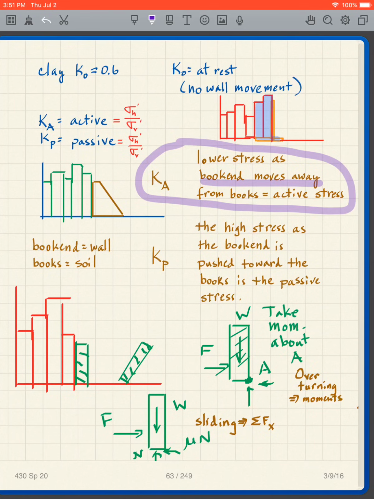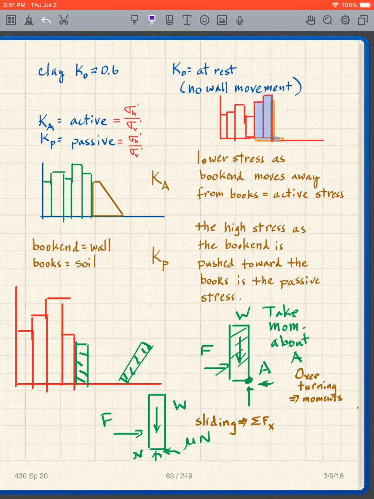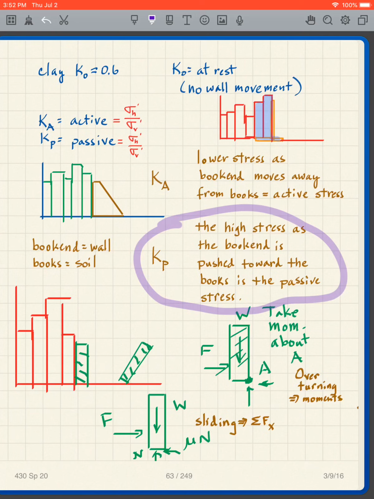On the other hand, the passive situation is where the bookend is pushed toward the books. That is the passive stress, and it's a high stress. So the Kp is going to represent the passive stress where the bookend is moving toward the books.